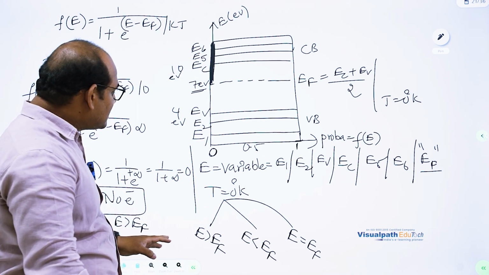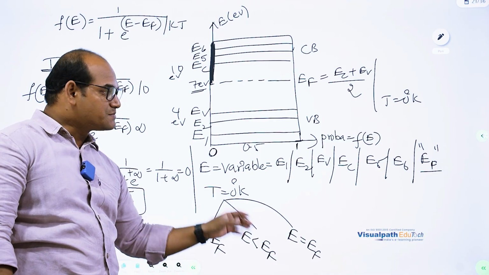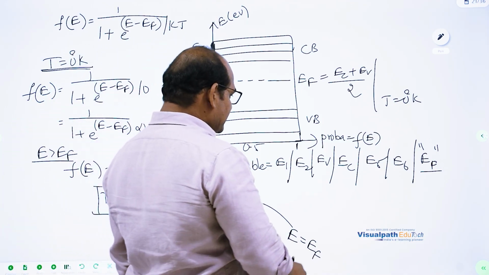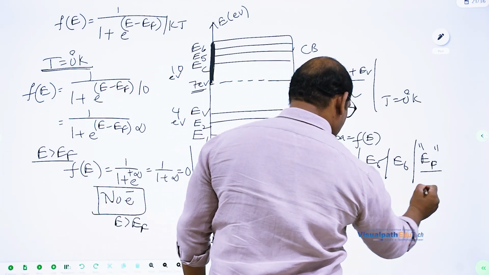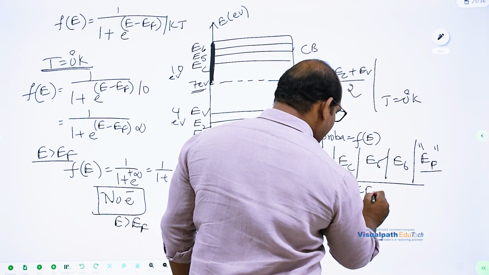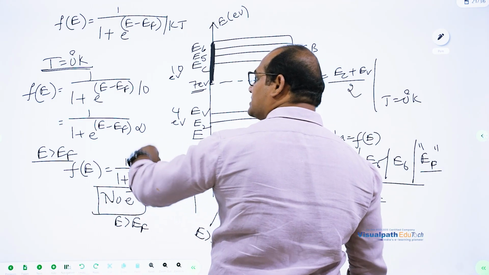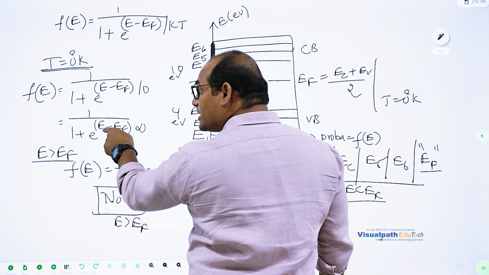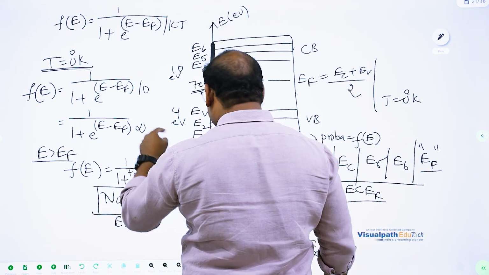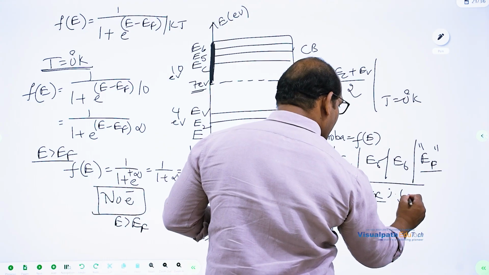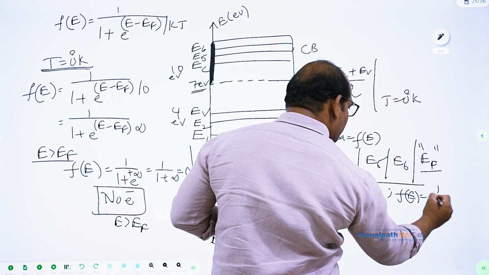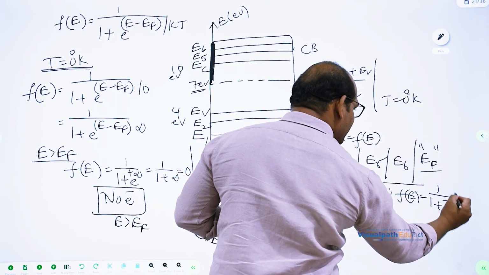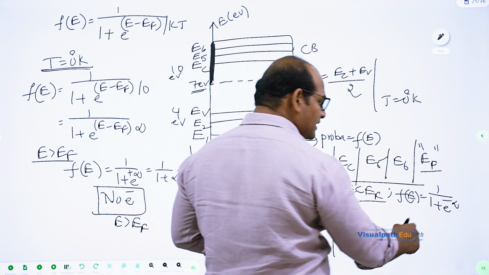Now we will take all the energy levels which are lesser than the EF, we will see this part. Okay, so I am calculating that one here, don't confuse. When E is less than EF, you see carefully this formula. When E is less than EF, this will become negative because this is lower compared to EF. So this is negative means f of E is equal to 1 by 1 plus e power minus infinity. So e power minus infinity will give 0.